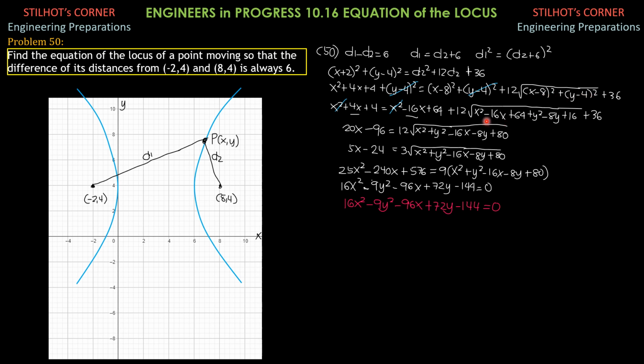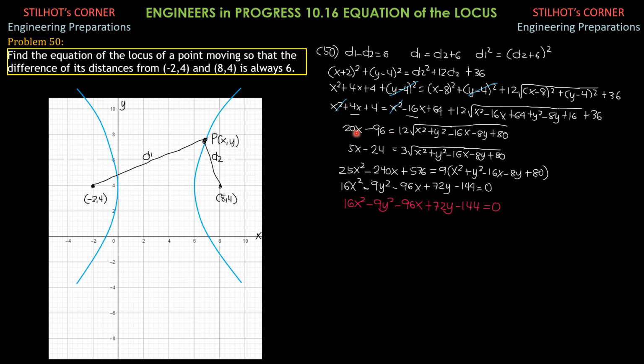So we have x squared minus 16x plus 64 plus y squared minus 8y plus 16, then plus 36. 4x plus 16x is 20x. Then 4 minus 64, negative 60, negative 60 minus 36, negative 96. Then equals, we copy this.